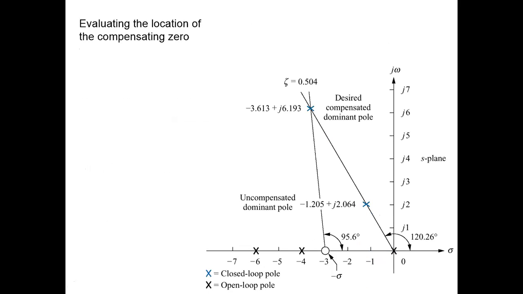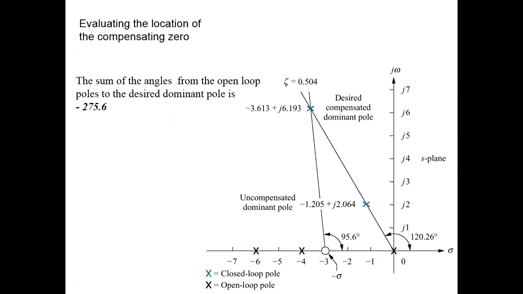Now evaluating the location of the compensating zero, the sum of angles from the open loop poles to the desired dominant pole will be this one, minus 275.6.